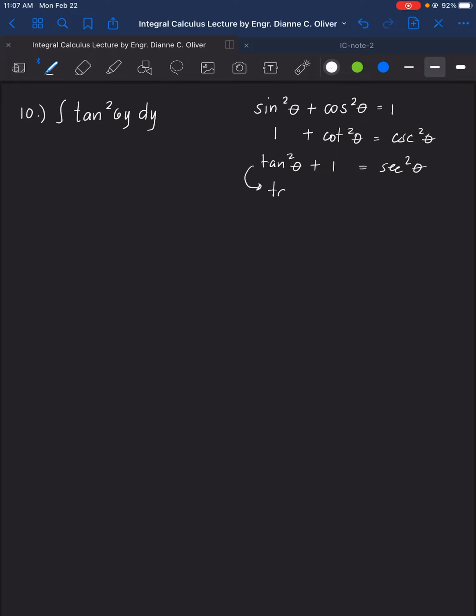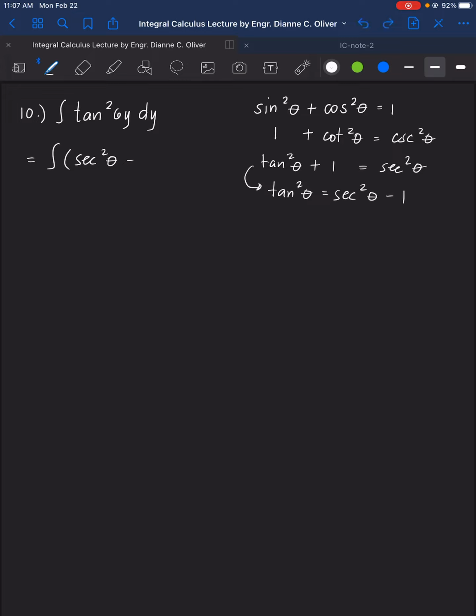So tangent squared theta is equal to secant squared theta minus 1. Let's substitute it here. The given is similar to secant squared theta minus 1 dy.